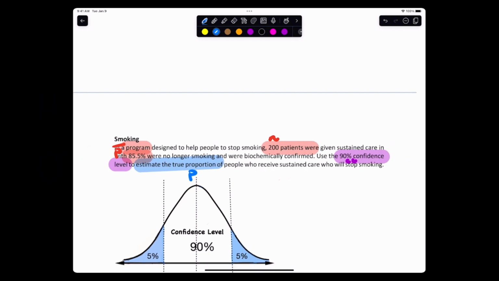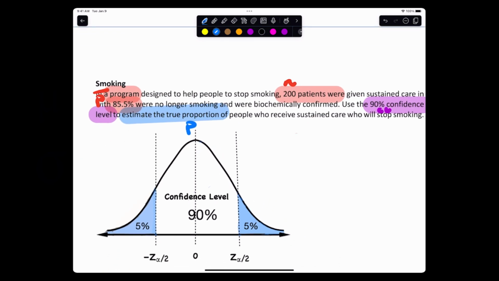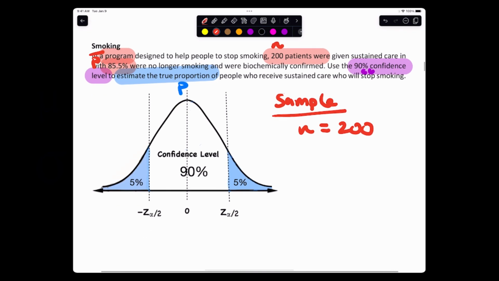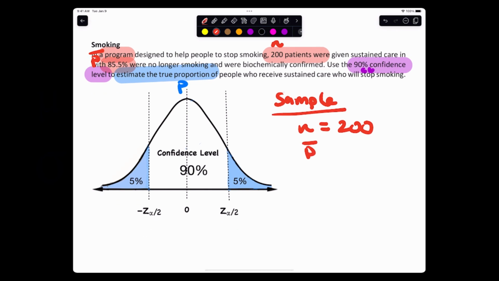The true proportion. So, ladies and gentlemen, we're going to have to think about this, okay? We're going to have to think. What did they give me when we read? The sample size is what? Good. What's your sample proportion? Oh, okay.